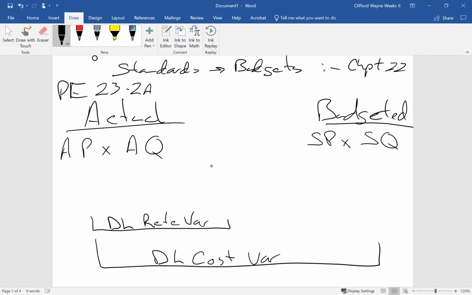Okay. This will also tell us the direct labor time variance. Okay. And as I said earlier, these are the 3 types of variances that can be generated for both direct materials and direct labor. We're happening to do the direct labor one.